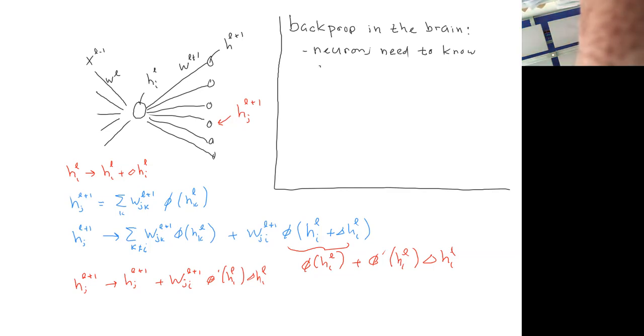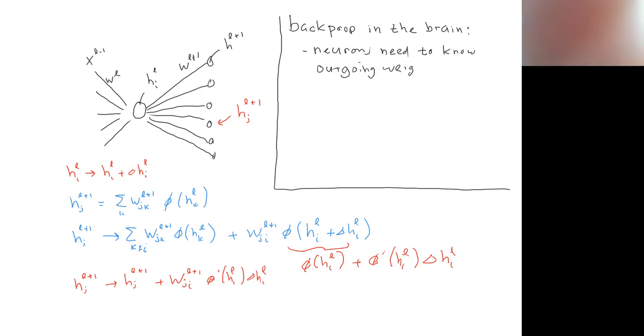They don't. 500 million years of evolution, a neuron spikes, it has no idea what's going to happen. Sort of, we're going to come back to that. But they certainly don't know the outgoing weights to this detail. They don't really know, this is a weight from I to J, the neuron doesn't know what it is. Okay, that's happening, that's a synaptic strength way over here.